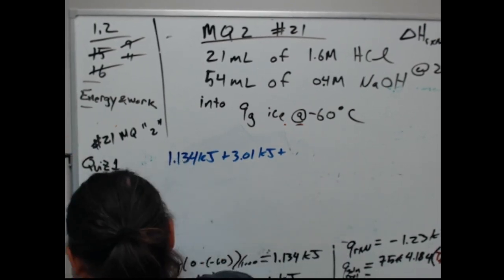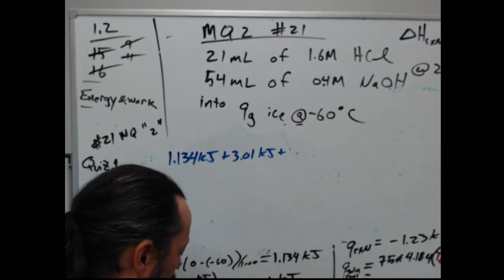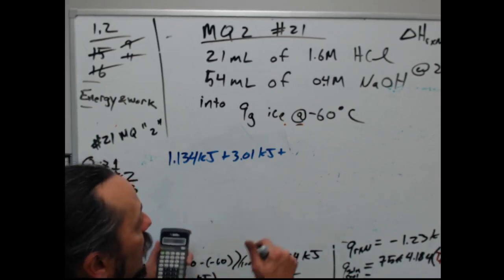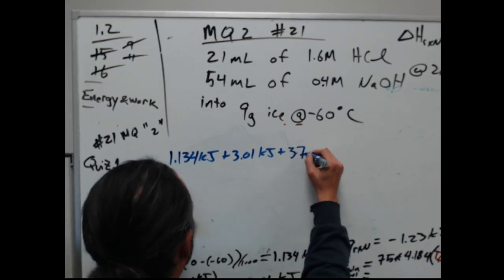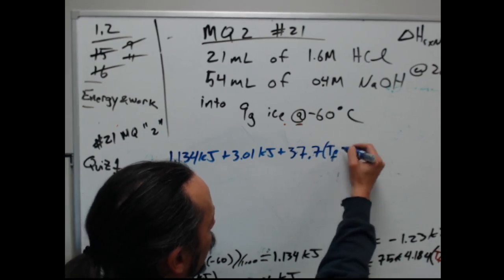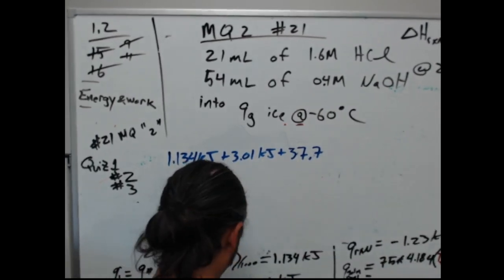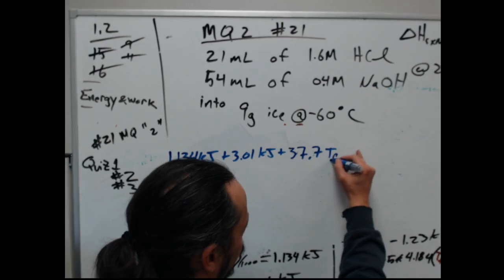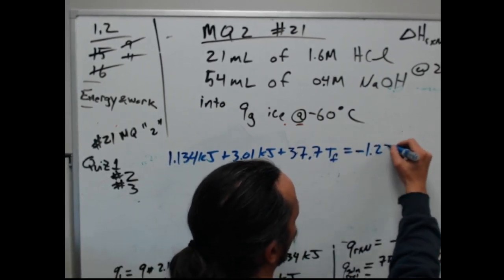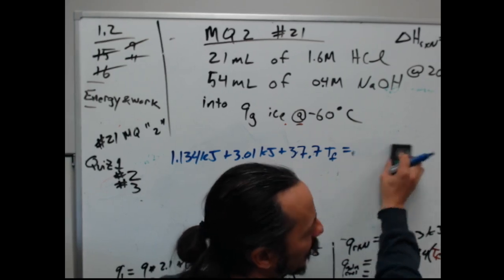I'm going to do that math real quick. 9 times 4.184 is going to give us 37.7 T final. I'm going to skip the minus 0, that seems silly to include, is equal to negative 1.23 kilojoules. Oh, hold on, didn't give myself enough space for the negative sign.